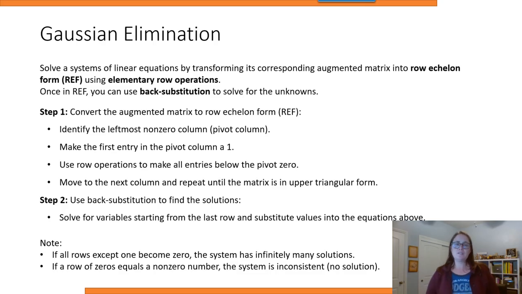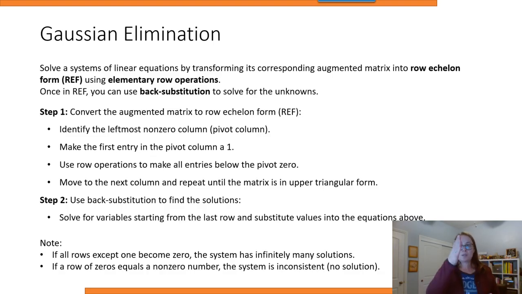But our basic strategy is step 1, take your augmented matrix and put it into row echelon form. A good way of going about this is to first identify the leftmost non-zero column. Make sure that one's right up top and you get a 1 in that first entry. So row 1, column 1, you want that to be a 1 if you can make that happen. Then you use row operations to get all the entries underneath that 1 to 0.